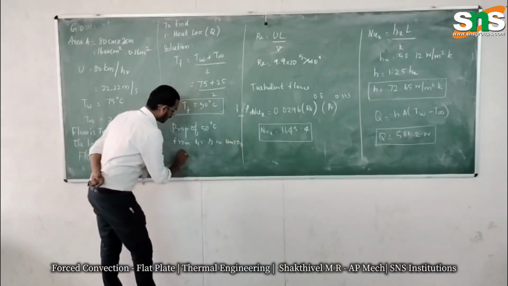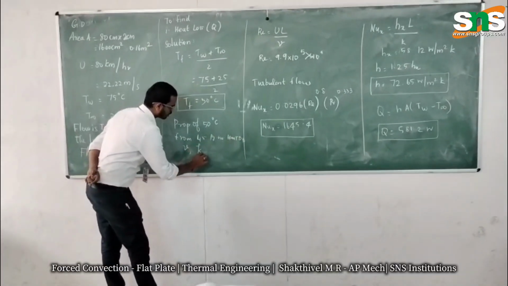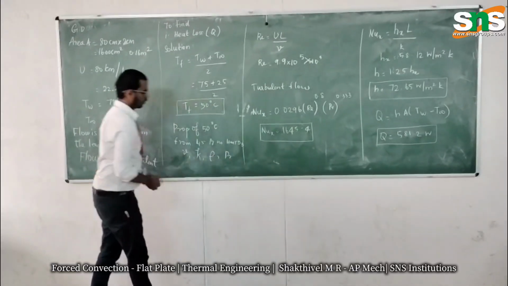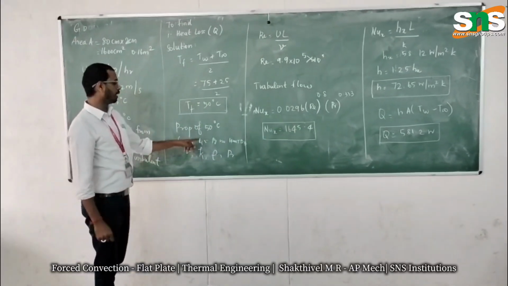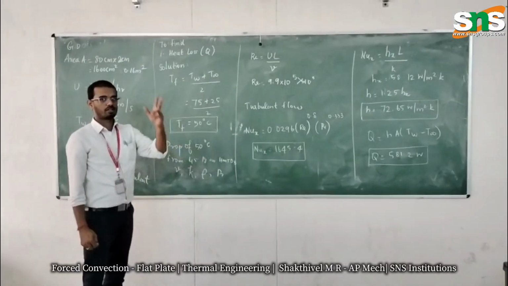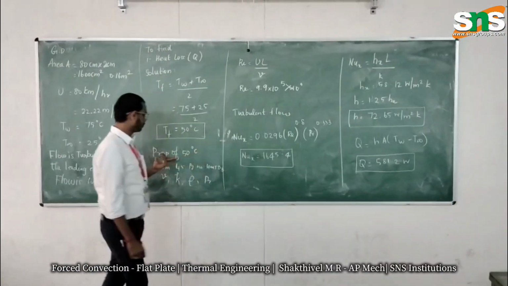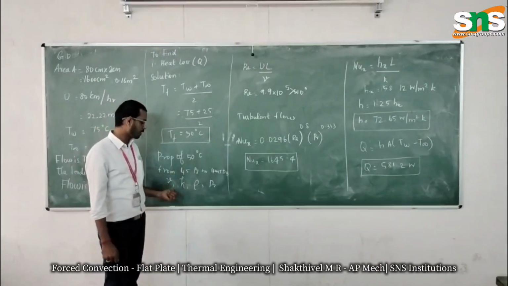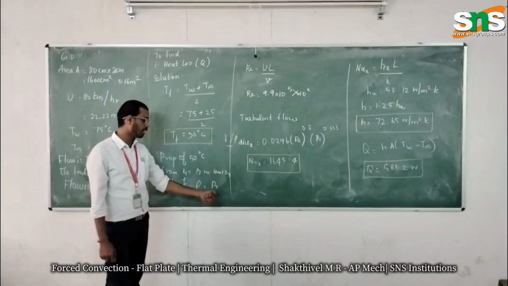So we can take kinematic viscosity, thermal conductivity, density and the Prandtl number. So these values are available in page number 45. We can take the properties for 50 degrees Celsius.